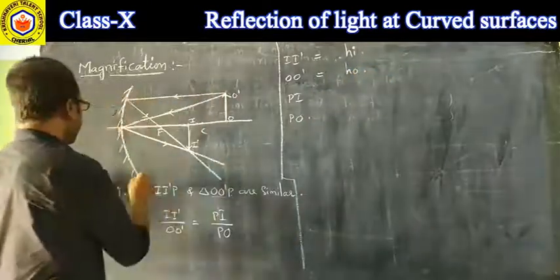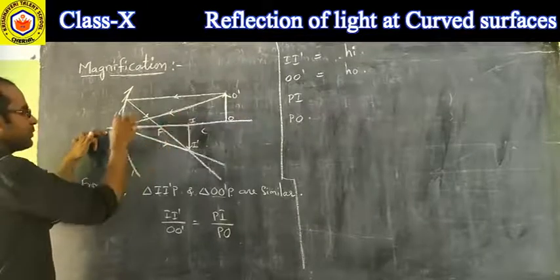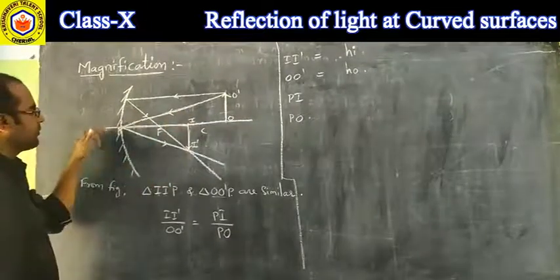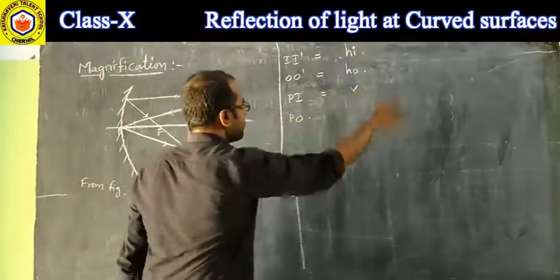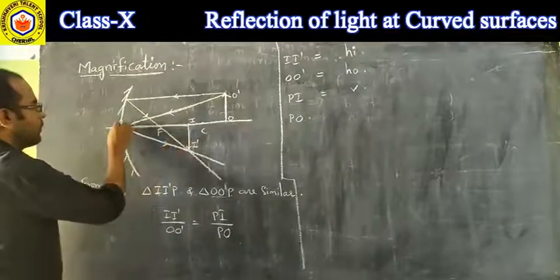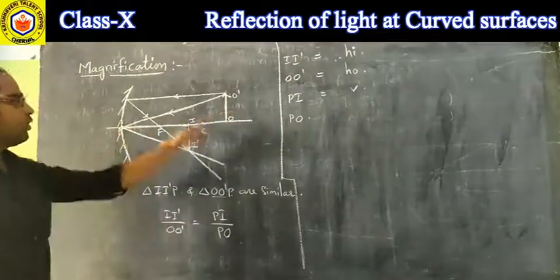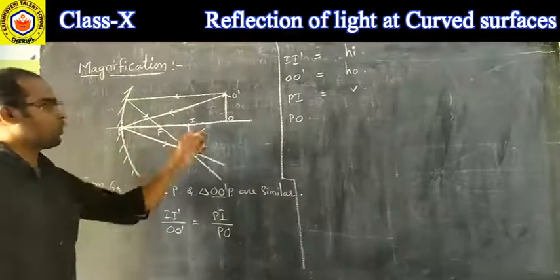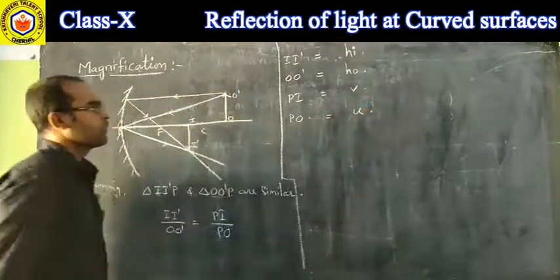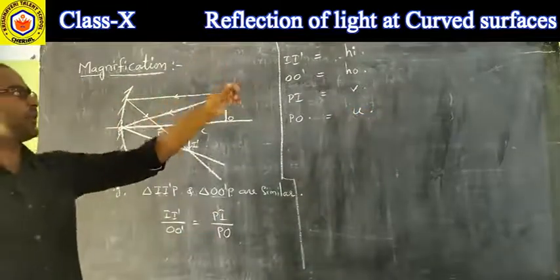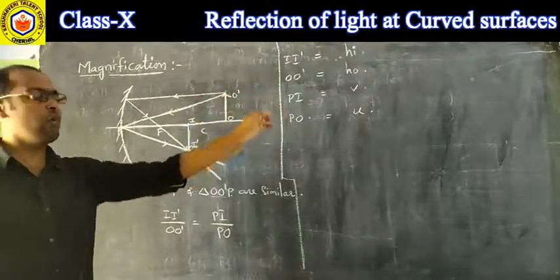What is Pi? Pole to image, that means mirror to image. It is the distance between the mirror and the image, the image distance, V. And next, Po, pole to object, the distance between pole and object, the object distance, U. So I dash is the height of the image, O dash the height of the object, Pi the image distance, and Po the object distance.